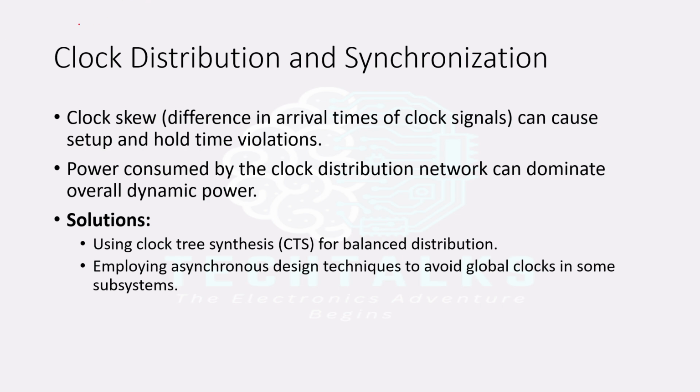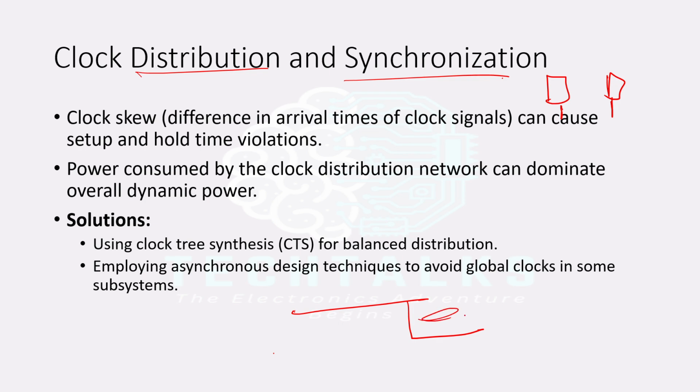Coming to clock distribution and synchronization, what this means is, let us say you have two sequential circuits, both must get the clock at the same time. For example, if you consider UART, if you are sending a signal to send the data, you pull the start line down, send your bits and push back the start line.